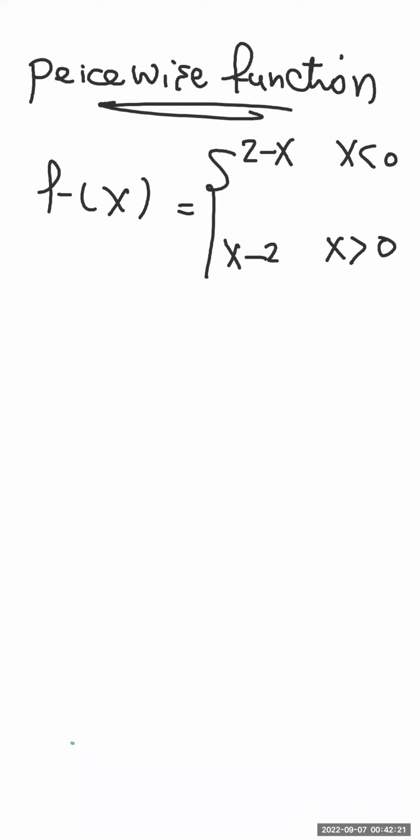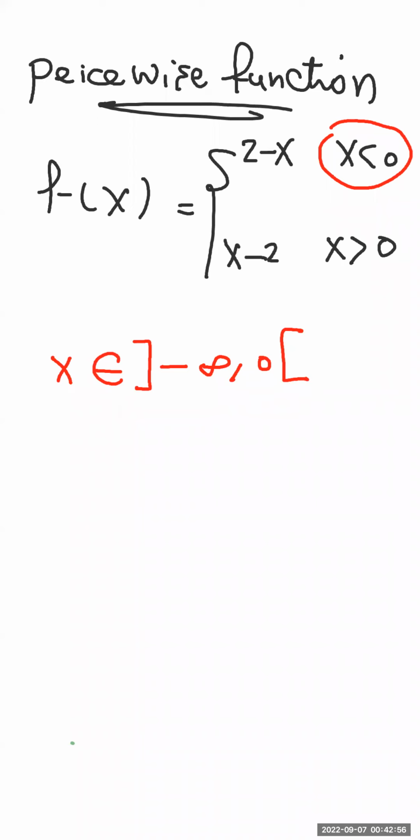Now, how can I get the domain for this function? Actually, this function is defined on 2 intervals. If x is smaller than 0, look at this part. This means x belongs to the interval from negative infinity to 0, negative infinity open, and here smaller than only, so also open.